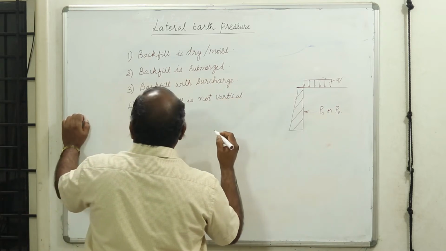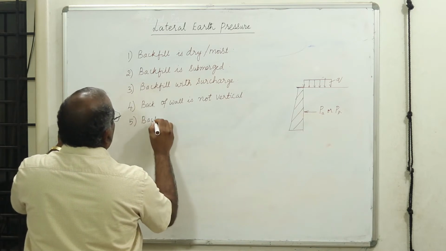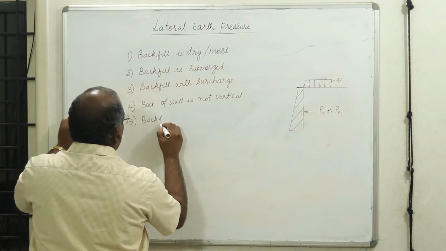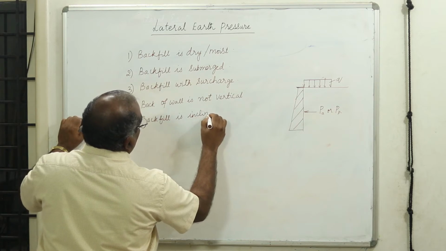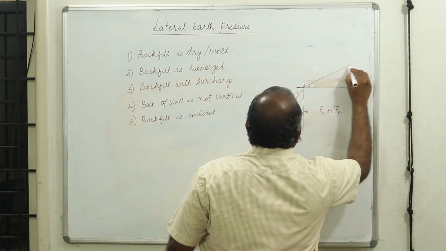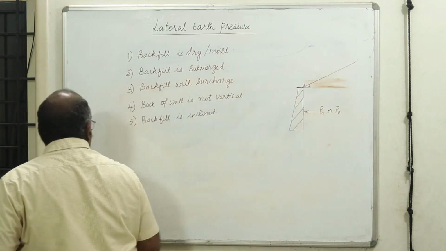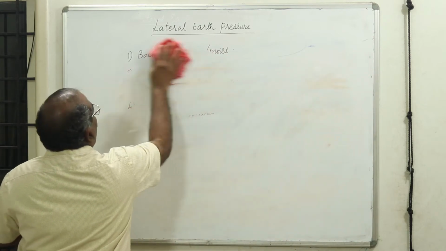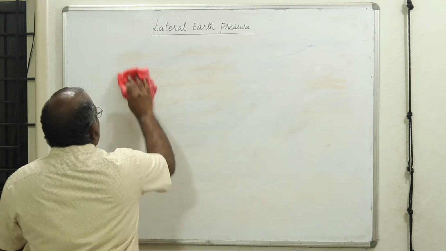And the fifth one is when the backfill is inclined. It's not horizontal. When the backfill is inclined like this, we will have a case of how to find out the stress. Now let us take up those cases individually and try to understand all the cases, and then later we will solve practical problems or numerical examples.